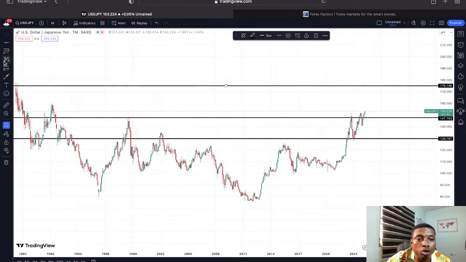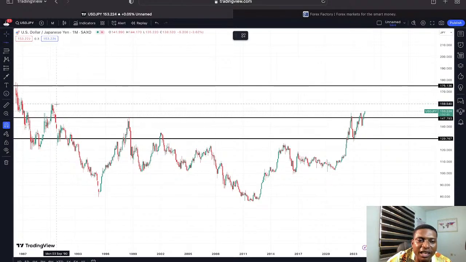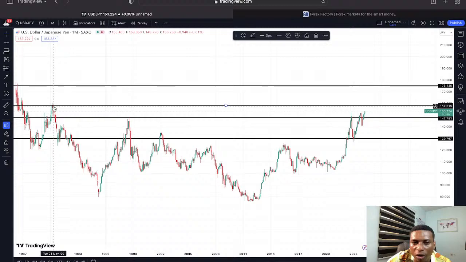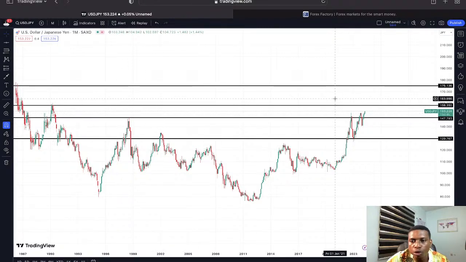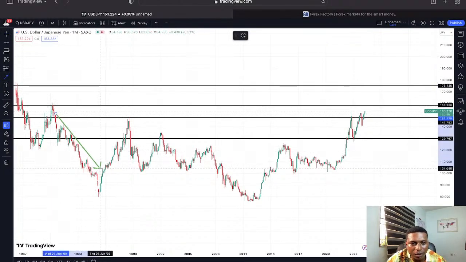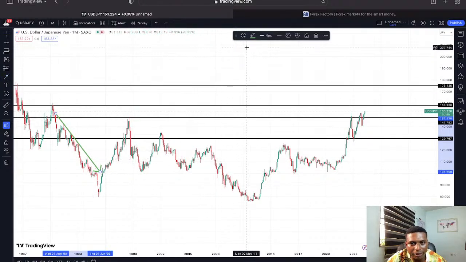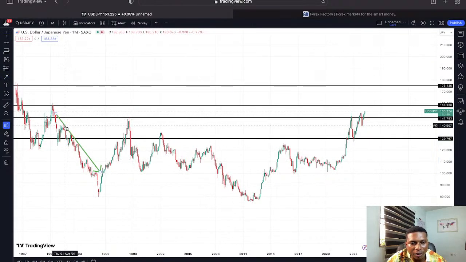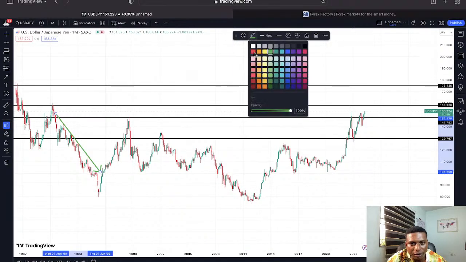When price got to the 150 region, what happened to price?